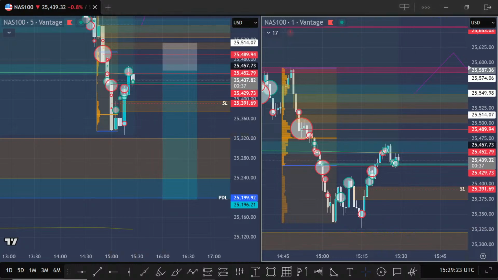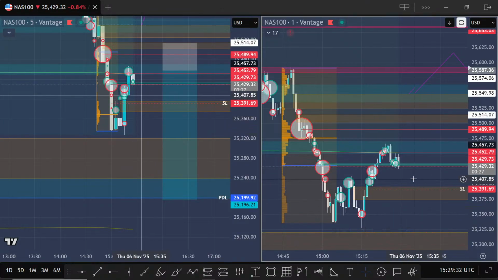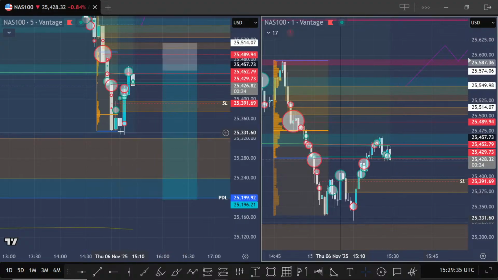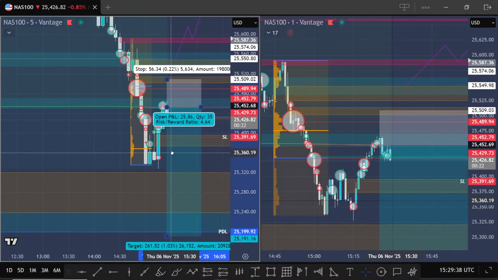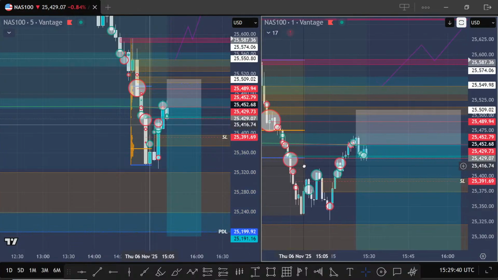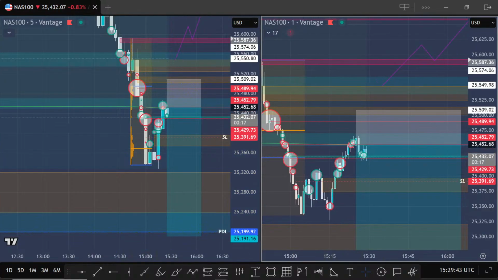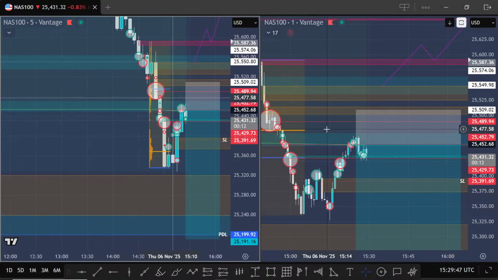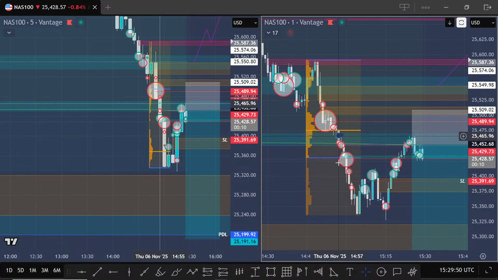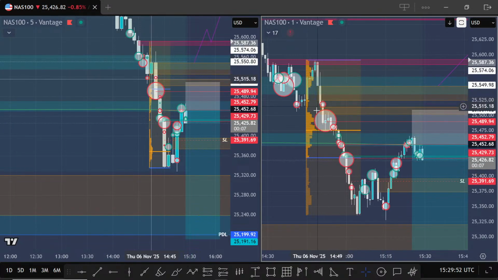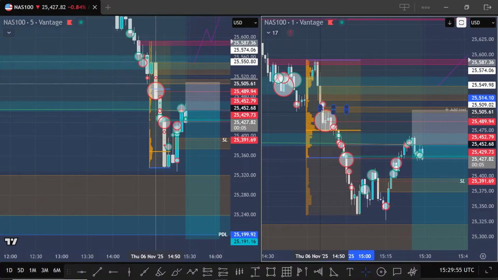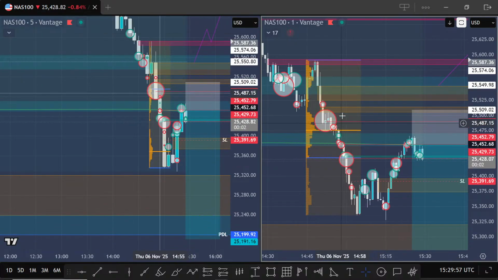They're bigger than any of the buys by a long way, and they're what's dictated the price so far and the movement down. We've got some buyers coming in, which is interesting. In terms of this, we've got a low volume node up here, low volume node there, but those are all above the sell.